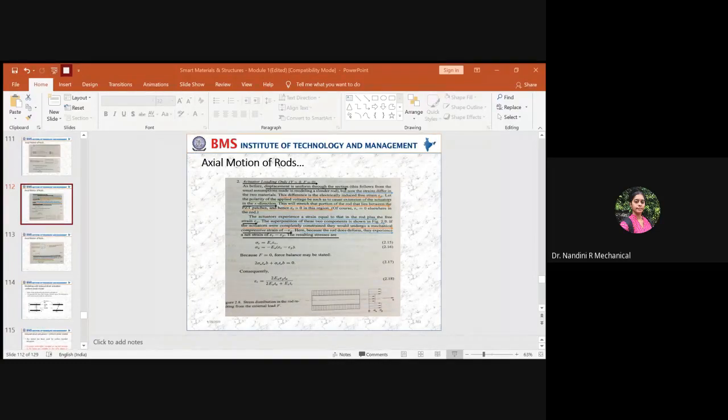And the previous one was the strain distribution equation and the stress distribution equation for the rod under axial motion due to piezo patches under mechanical loading only, which is our direct piezoelectric effect. So you should be very clear about the two equations. Is that clear?